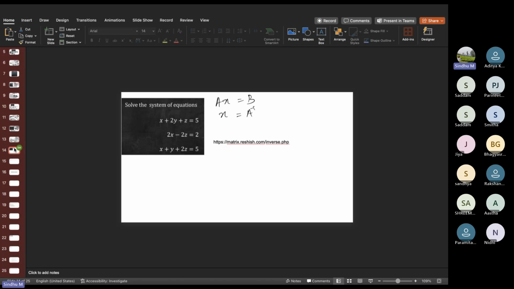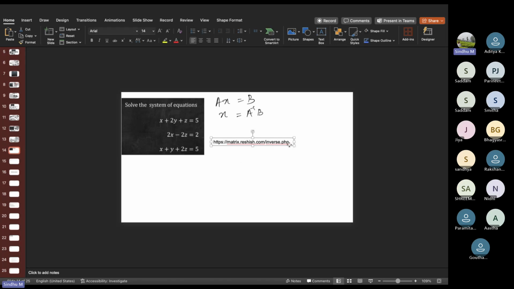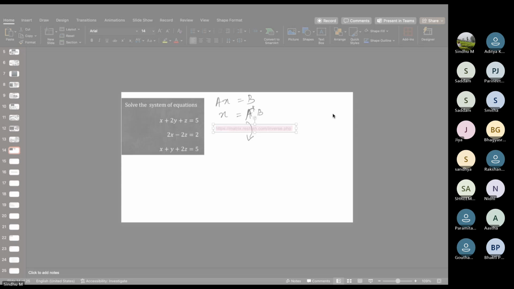And then to find A inverse, we can use this tool. So let me just put this in the chat box and you can try it by yourself. So I hope now you have the link to the inverse calculator.